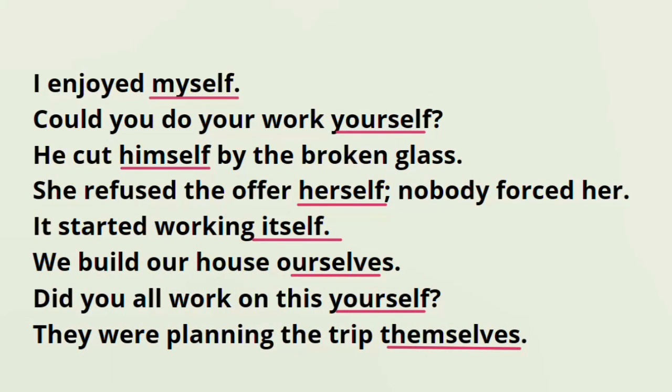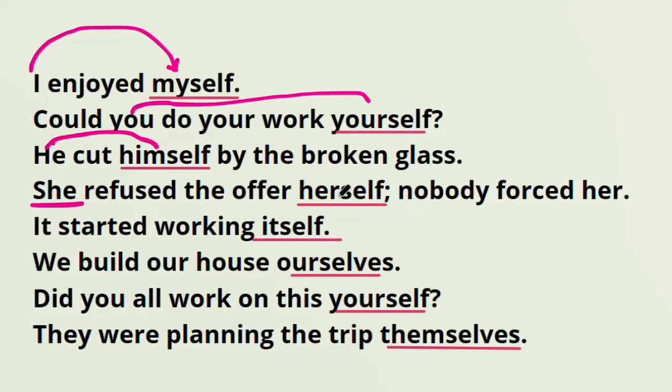For example, I enjoyed myself. Subject and object are the same. Could you do your work yourself? So you and yourself, same. He cut himself. He is the subject, himself is the object. Reflexive pronoun. She refused the offer herself. She refused herself. Reflexive pronoun. It started working itself.